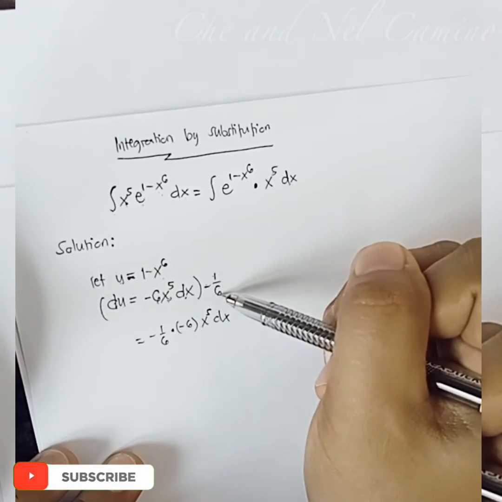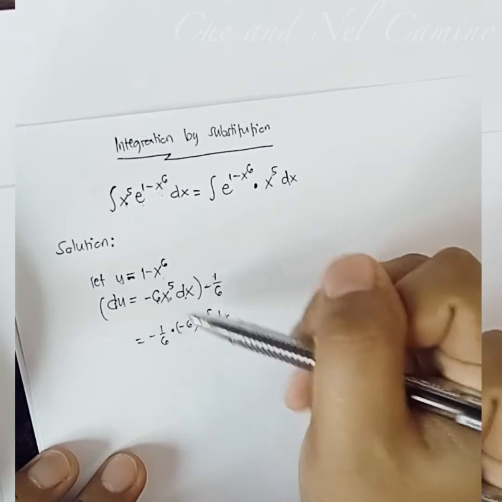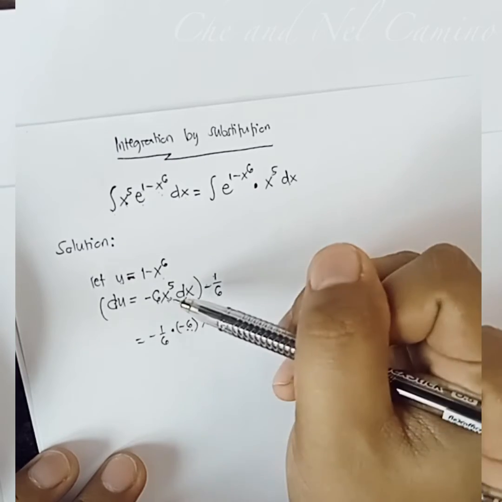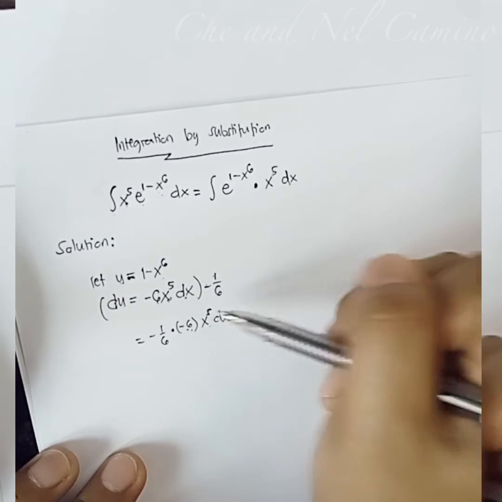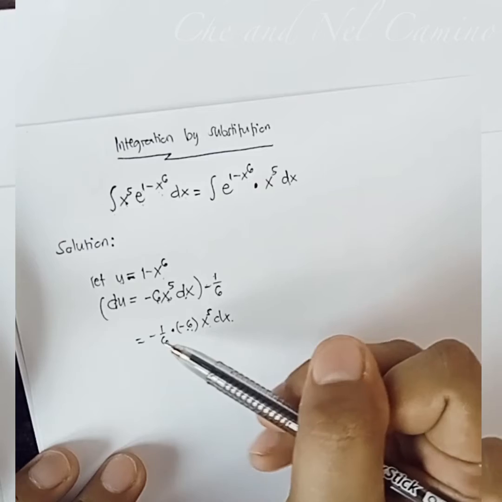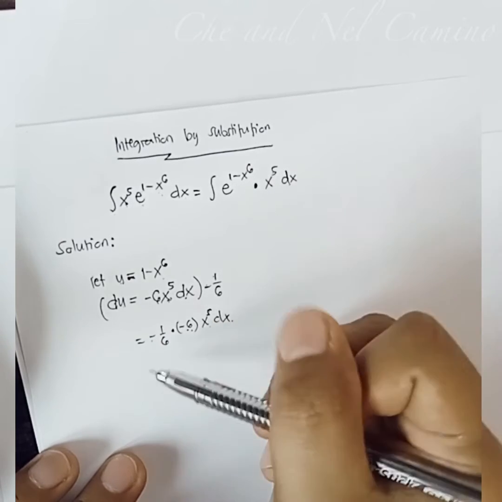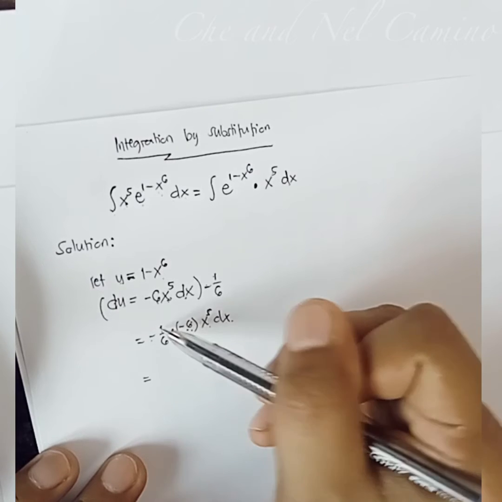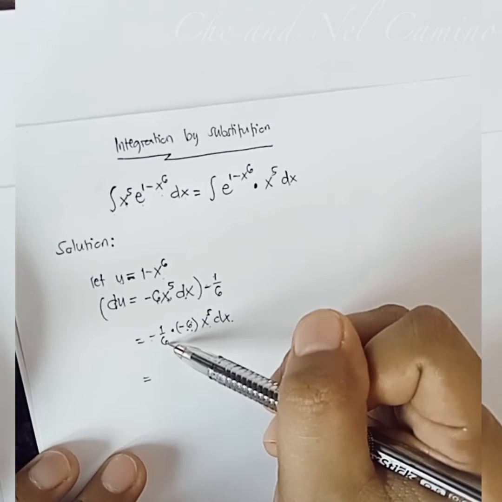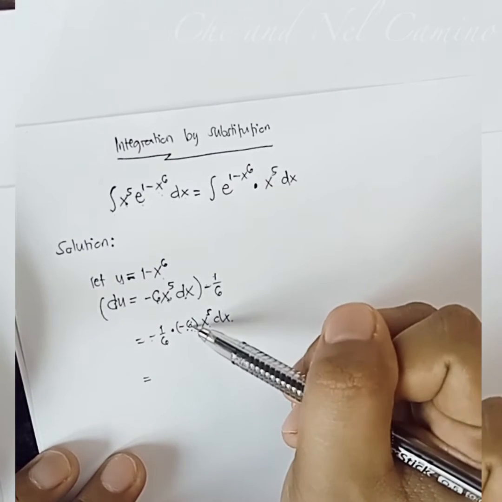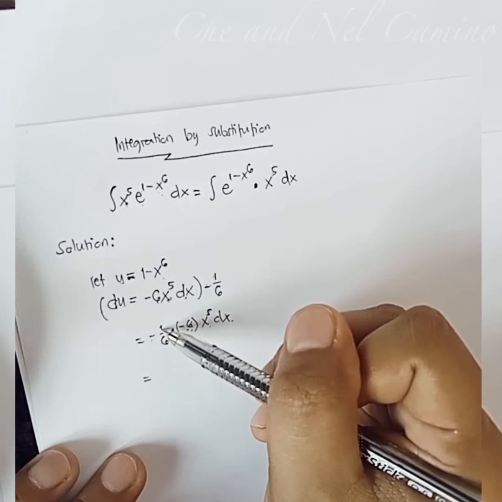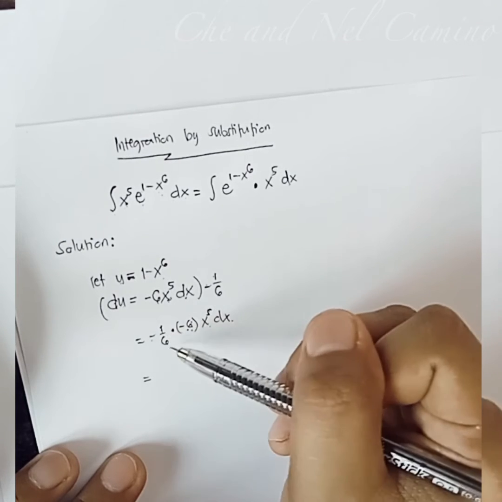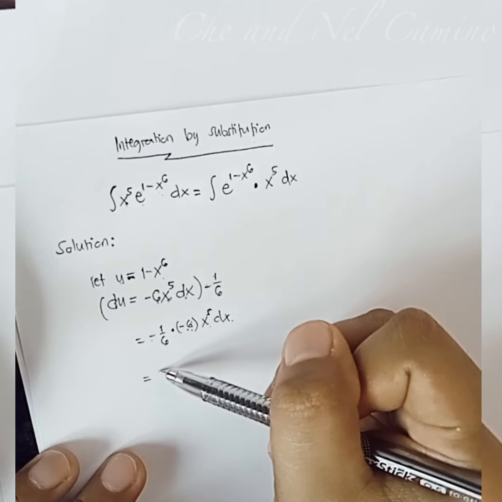Negative 1 over 6, and then negative 6, and then copy x to the power of 5 dx. Negative times negative is positive. 6 times 1 is 6, and 6 over 6 is 1.